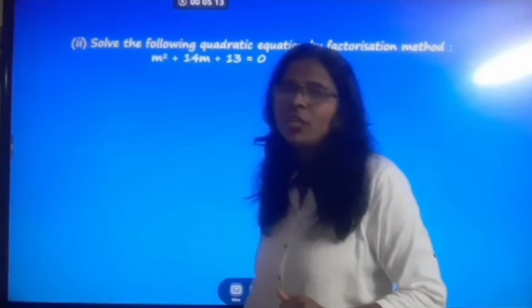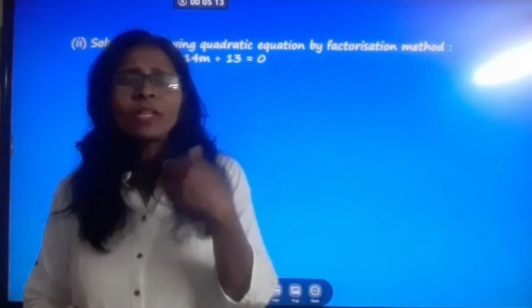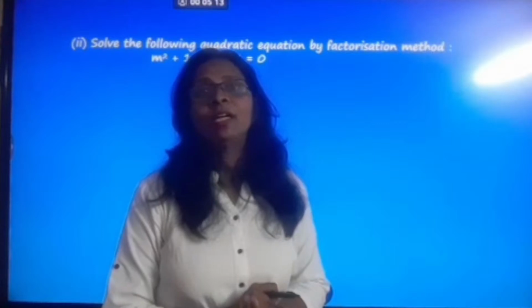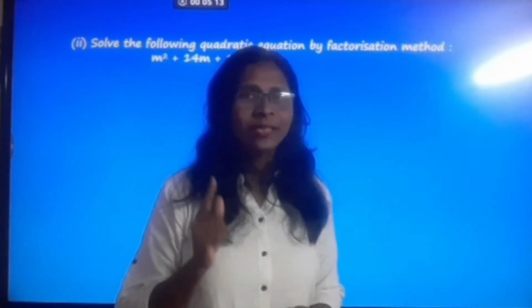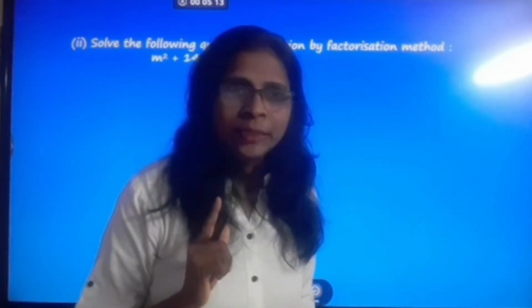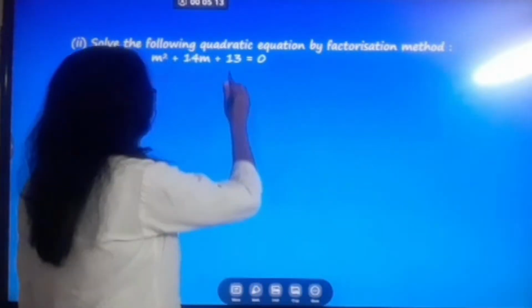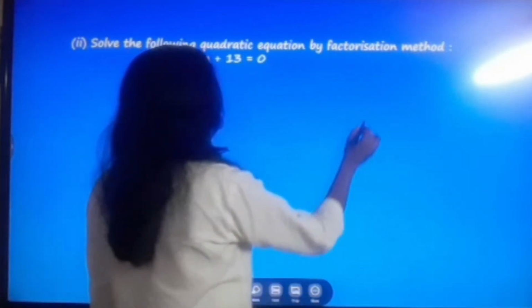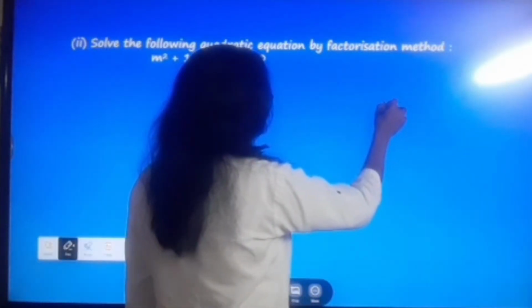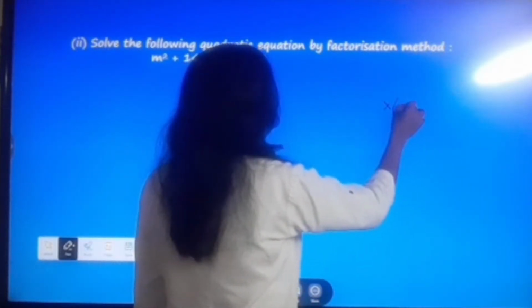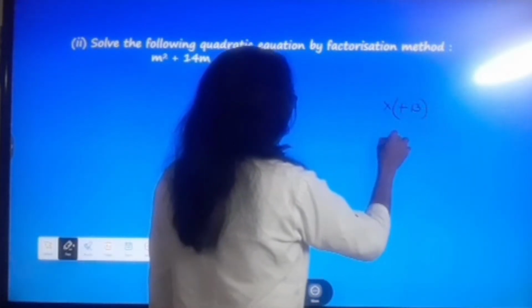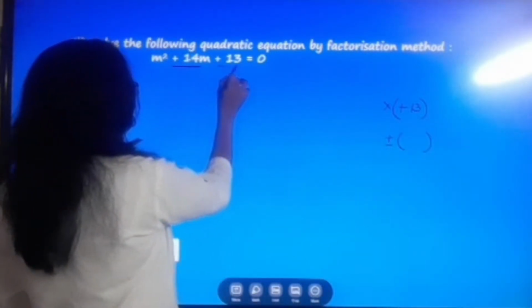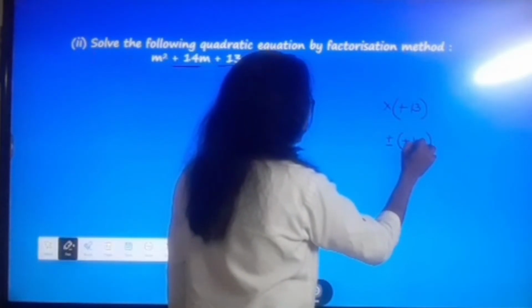Okay, so now here first we find such two numbers that have the multiplication positive 13 and the addition will be positive 14.